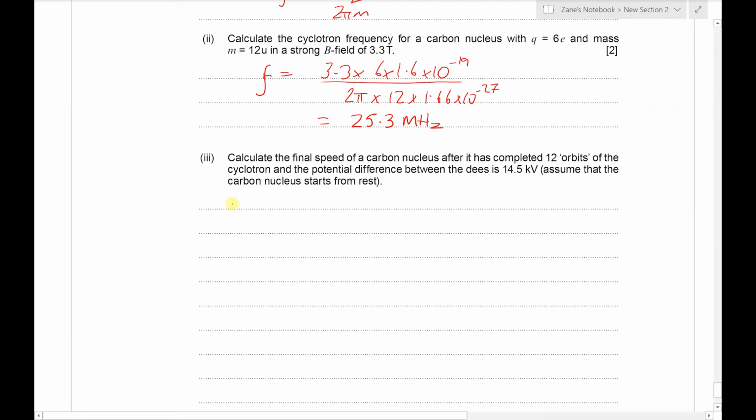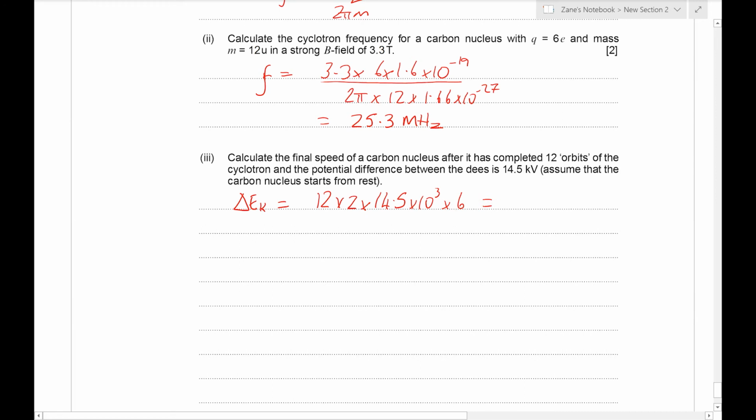So the first thing we're going to do is calculate the gain of kinetic energy of our nucleus by multiplying 12 orbits by 2 places where the speeding up happens in the gaps between the D's, and each one of those gives 14.5 times 10 to the 3 electron volts worth of energy to a charge of 1e, but here we have a charge of 6e.